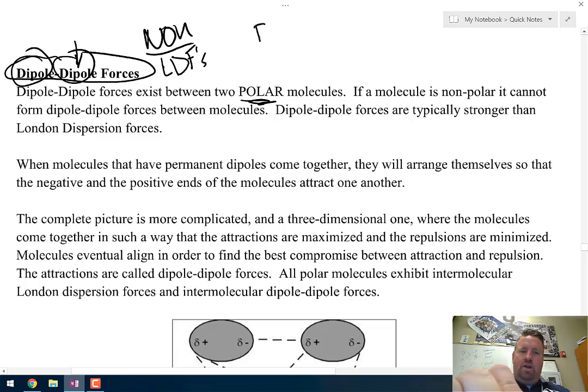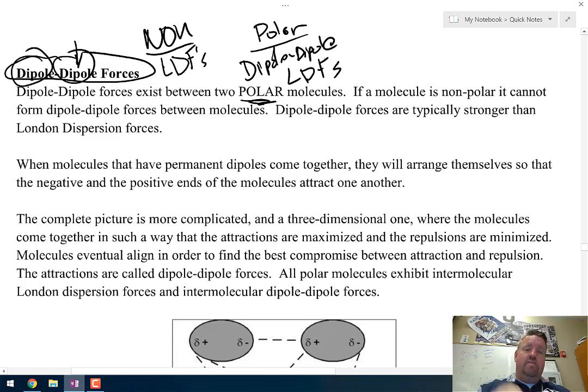If a molecule is polar, there are dipole forces and also London dispersion forces between them. And dipole-dipole forces are typically stronger than London dispersion forces. Again, they may not be, and we'll see an example of that shortly.